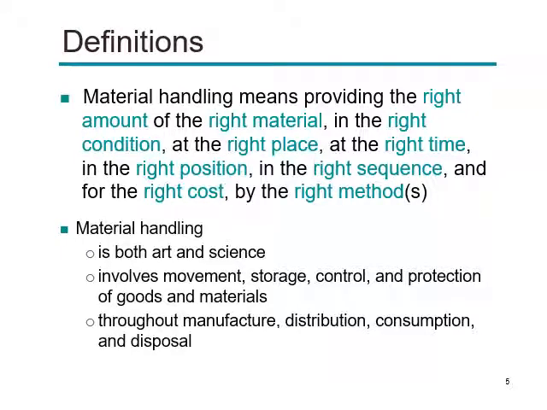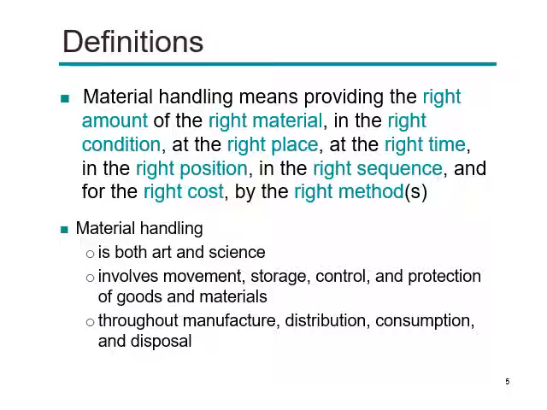Okay, and you need to do this at the right cost, using the right equipment, using the right number of material handling operators or workers, and using the right type of material handling device, either a conveyor or an AGV, whether a manual one or an automated one, so using the right methods.